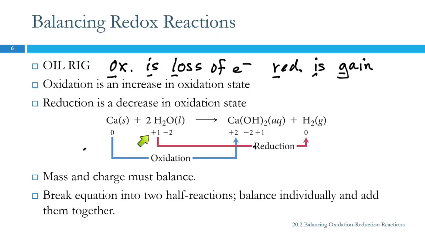What's not so obvious here is with the water and the hydrogen and the oxygen. So the oxygen has a -2 oxidation state on both sides, and the hydrogen has a +1 here, and still +1 there, but then it also has some that go to 0.